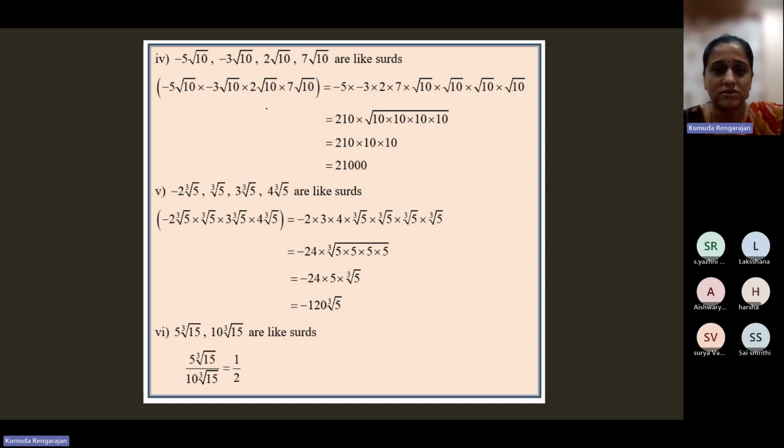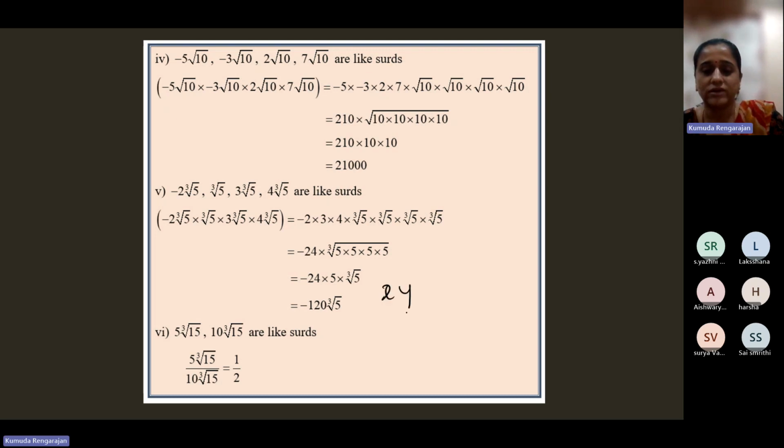Multiply the rationals and multiply the irrationals. Minus 5 root 10 means minus 5 into root 10, like xy means x into y. Similarly, minus 5 root 10 means minus 5 into the square root of 10.